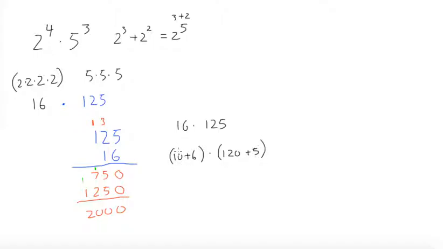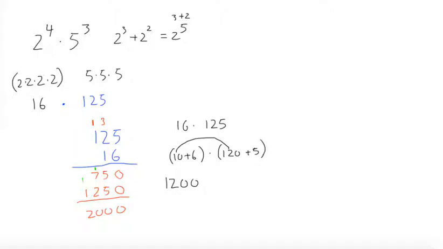And then you're just going to distribute, all right? You're going to do 10 times 120. So what is that? Well, 1 times 12 is 12, but then you got the 2 zeros. So it's going to be 1,200, okay?